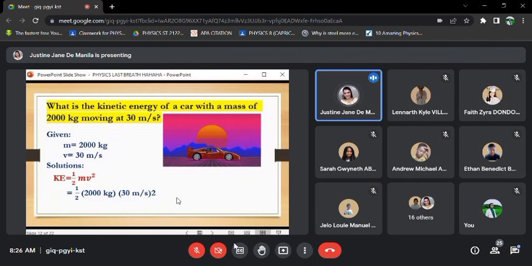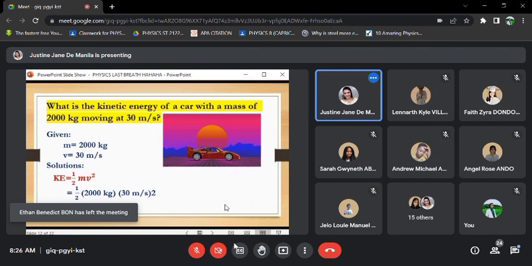I will wait for your answers. So, how much is the car's kinetic energy? So, 1/2 or 0.5 times 2,000 times 30, then square it.